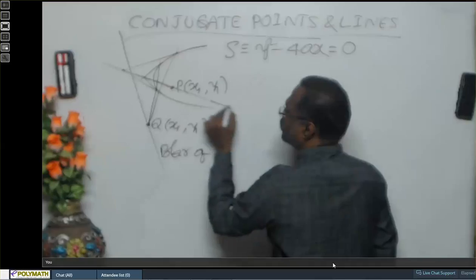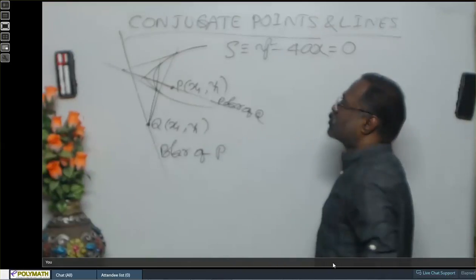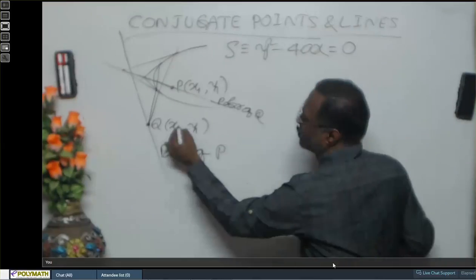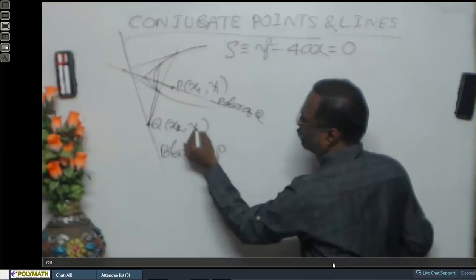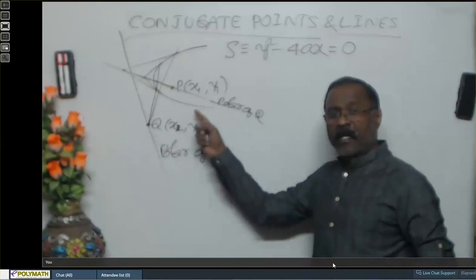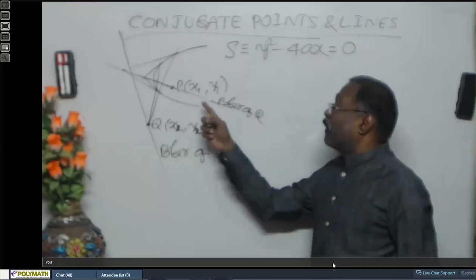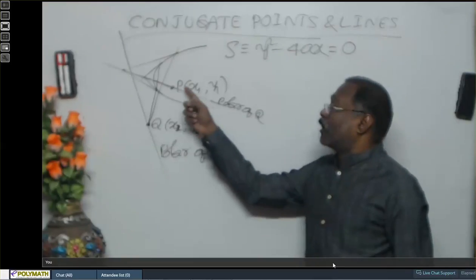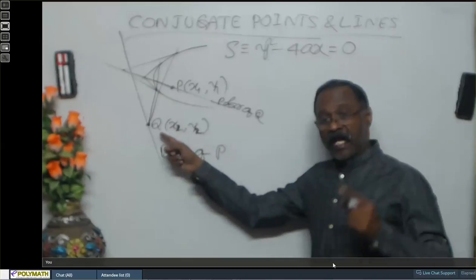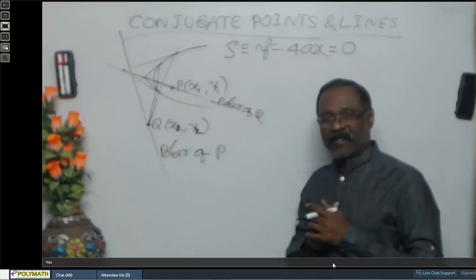This is the polar of Q. So now you'll clearly understand that two points P and Q, this is x2, y2. Two points P and Q are said to be conjugate points if the polar of P passes through Q, and as well the polar of Q passes through P. This is what the conjugate points are.